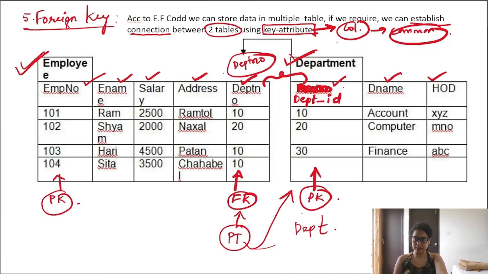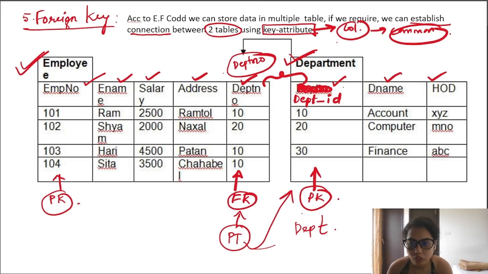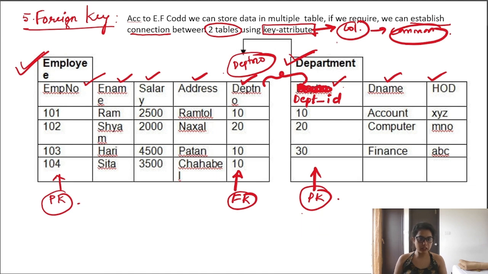Now we have understood how this syntax works. So first we have understood the syntax. After that, we have understood that for any column to be a foreign key in another table, this department number is a foreign key of the employee table, but this foreign key always has to be a primary key of another table.